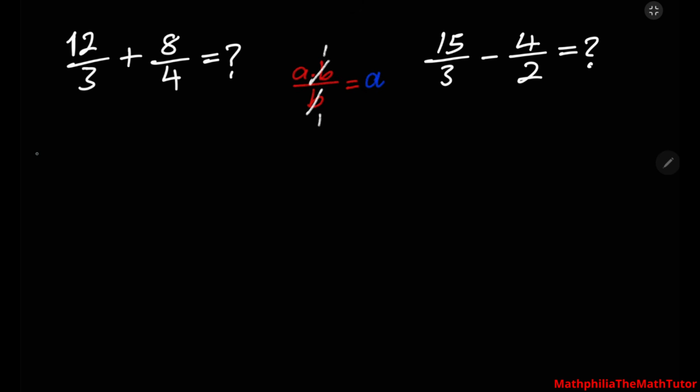So this is the first point I want you to pay attention to. I repeat, rational expressions can be simplified only under the multiplication property. And then the second thing to note is that rational expressions cannot be simplified under addition or subtraction. This is what I mean.